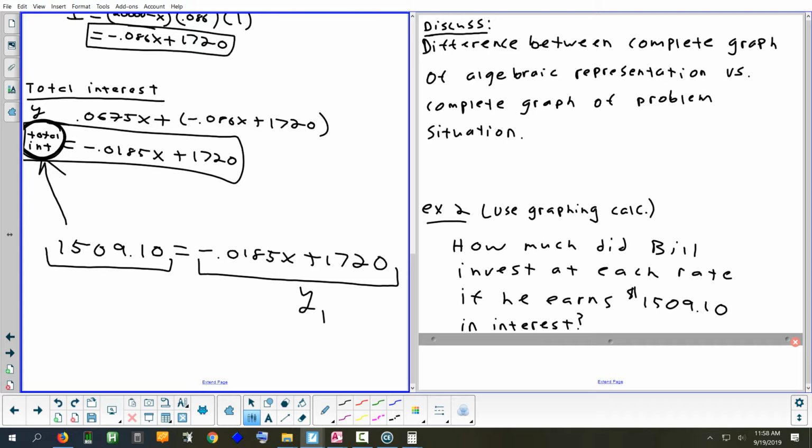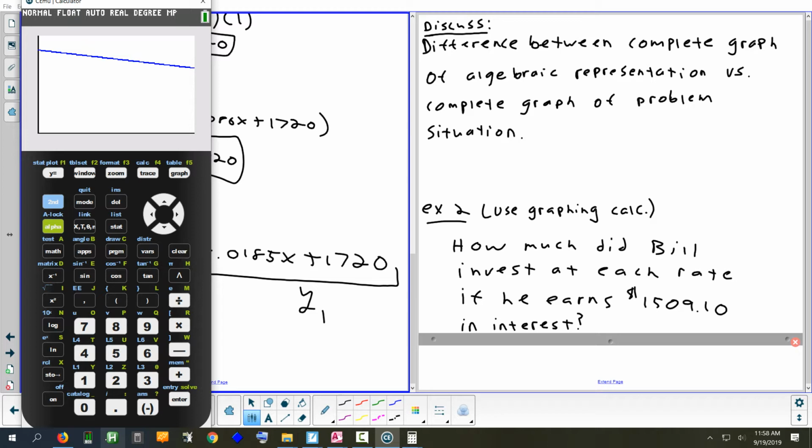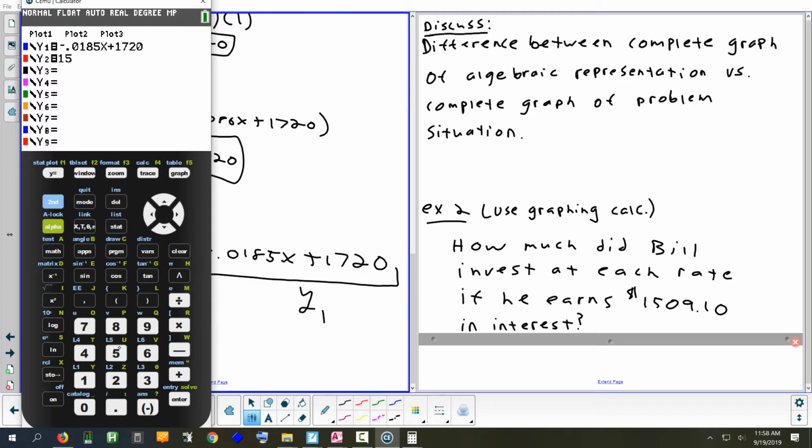So I put what's on the right in Y1, right? Let me double check. Yeah, I got that in Y1. What about the 1509? Put it in Y2. Okay. 1509.10, the 0.1 doesn't matter.